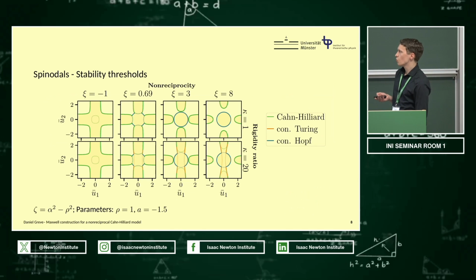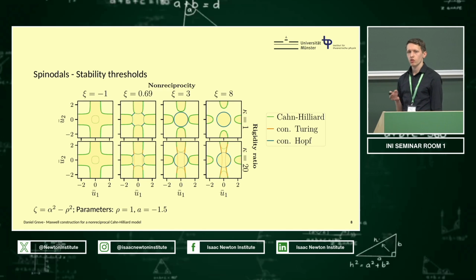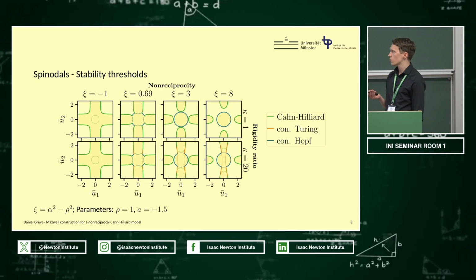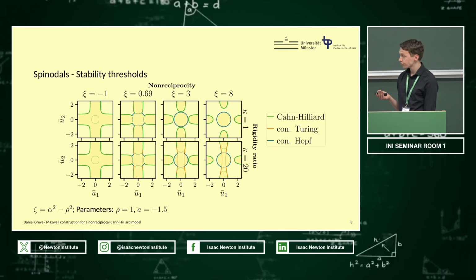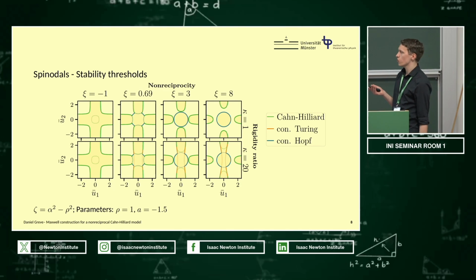Okay, and then we are interested in phase diagrams. So our Maxwell construction finally should give us phase diagrams, and therefore we are interested in spinodals, so linear stability thresholds for our system. And as the fields are conserved, the average concentrations u1 and u2 are good parameters, so we try to derive the phase diagrams in these composition planes. And from left to right, I increase the non-reciprocity.